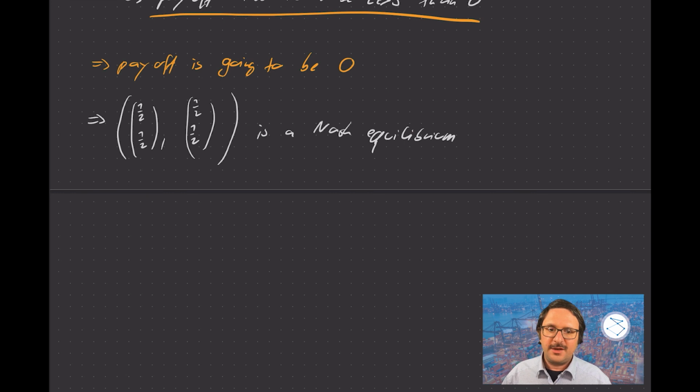And that means he'll win in the majority of cases. He will lose some, but the majority he will win. If the row player plays exactly 50-50, then he wins sometimes, he loses sometimes, but in the long run, it will always even out to 0. And that's the basic idea here. So this pair of strategies, 1/2, 1/2, is necessarily a Nash equilibrium.